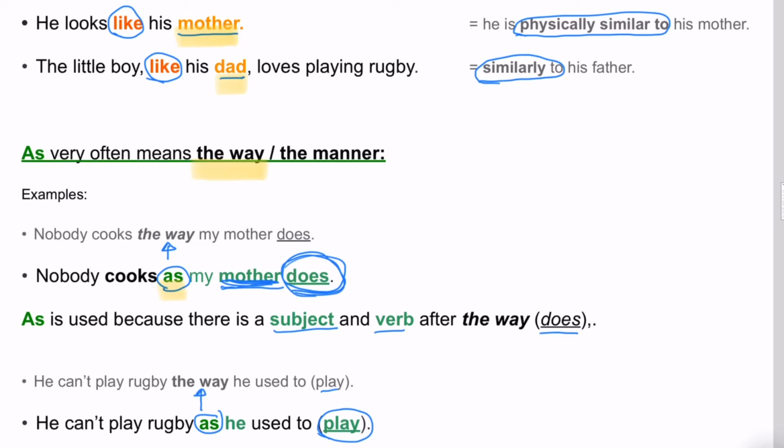Nobody cooks the way my mother does. And we also have mother, the subject or the noun, and does, which is the verb. Then he can't play rugby as he used to. As is used with the subject and the verb, which we haven't said, but we imagine it's implied. So he can't play rugby as he used to, but we're imagining play.